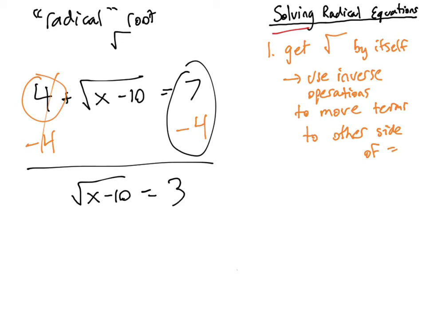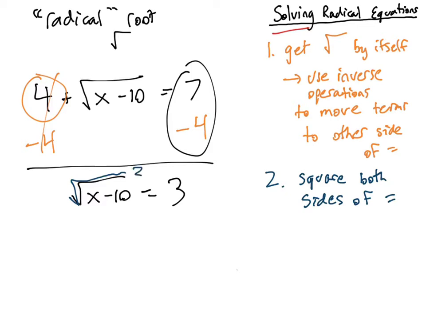So we've taken care of everything that we can outside of our radical, and now it's time to figure out how we can get rid of this radical so that we can deal with this nice juicy center inside, the x minus 10. To get rid of a square root, there's an inverse operation we can use. The opposite of a square root is a square. So we're going to square both sides of the equal sign.